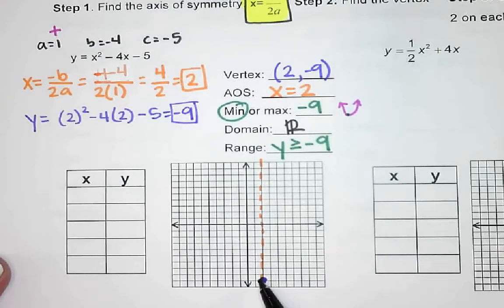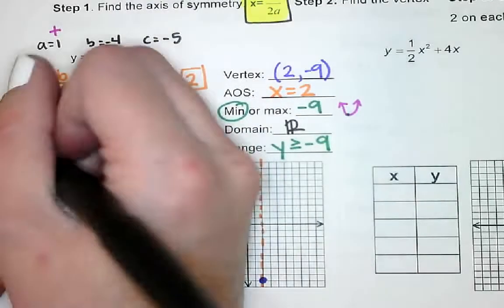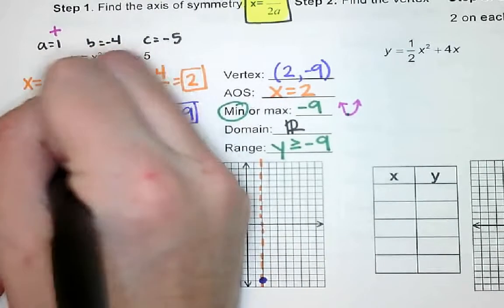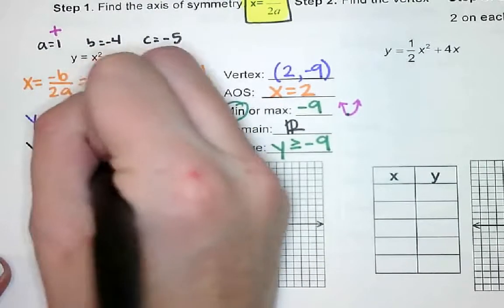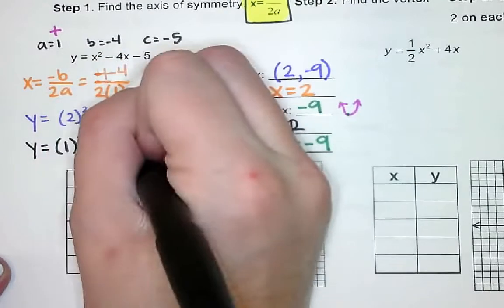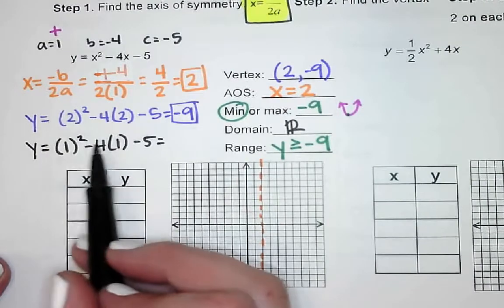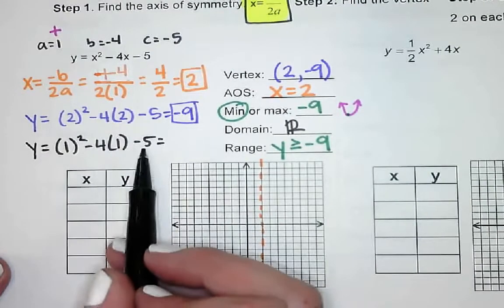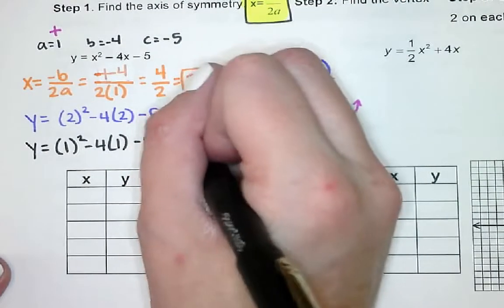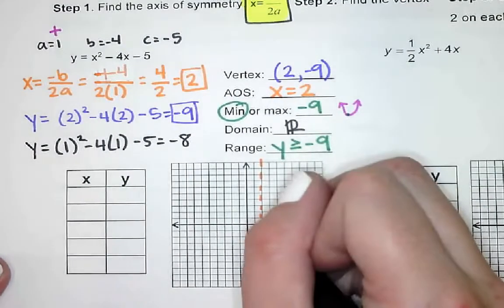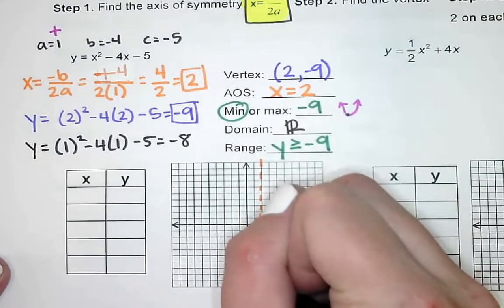Our vertex is at 2, so now I'm going to plug in a 1. So I'm going to say y equals 1 squared minus 4 times 1 minus 5. So that's 1 minus 4 minus 5. That's going to give us negative 8. So I'm going to plug in a 1, negative 8.